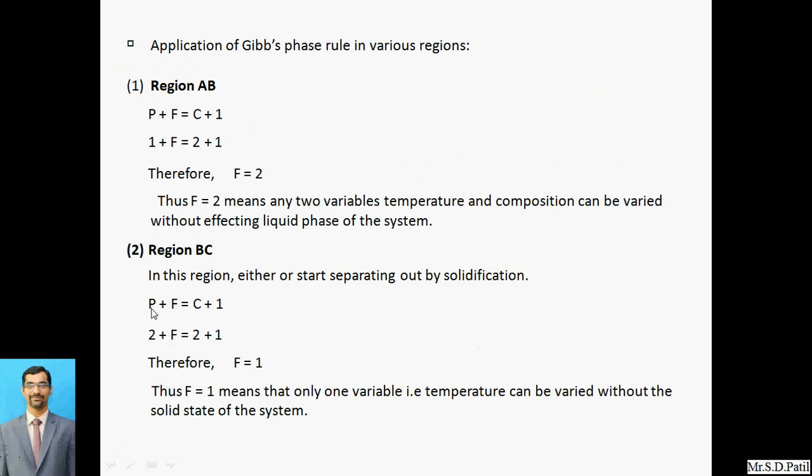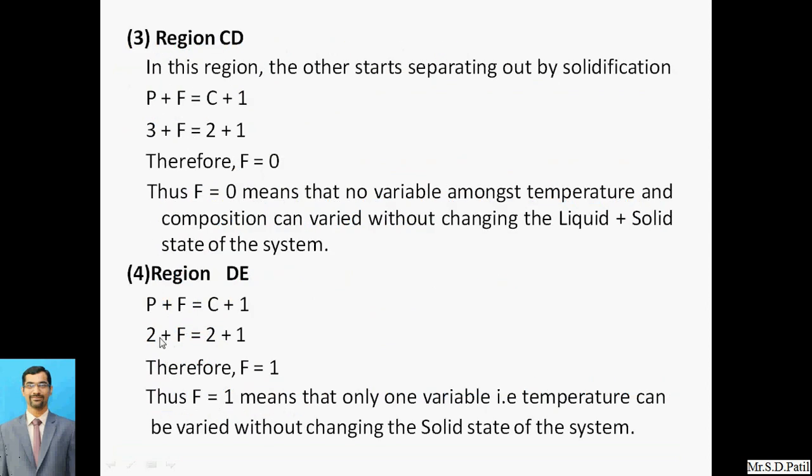That's why P is equal to 2, C is equal to 2, because again it is a binary alloy, and when we calculate this, we get F is equal to 1. F equal to 1 means that only one variable, that is the temperature, can be varied without changing the solid state of the system. So these are the 4 cooling curve regions that we have seen up till now.